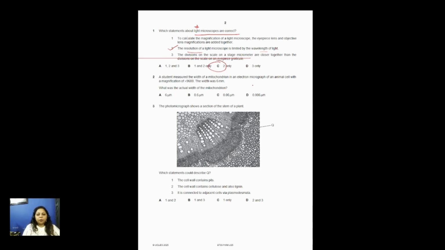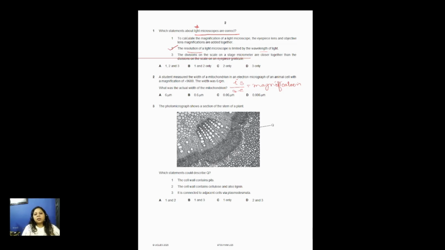You might be very well aware that magnification is equal to the image size divided by the actual size.